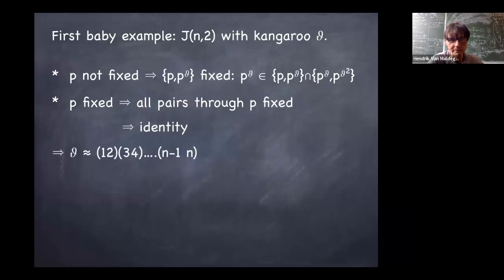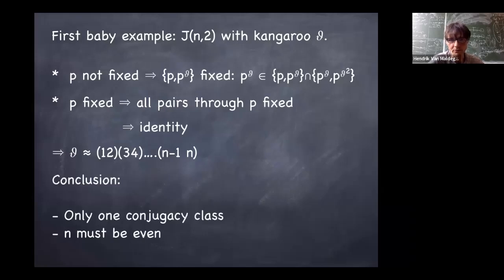So what have we proved? That theta is more or less this map here, right? You can choose 1 map to 2, and then 2 back to 1, and 3 to 4, and 4 back to 3, etc. So there is only one conjugacy class of such maps, and n must in fact be even, or there is no conjugacy class of such maps. So these kangaroos seem to be rare, right?